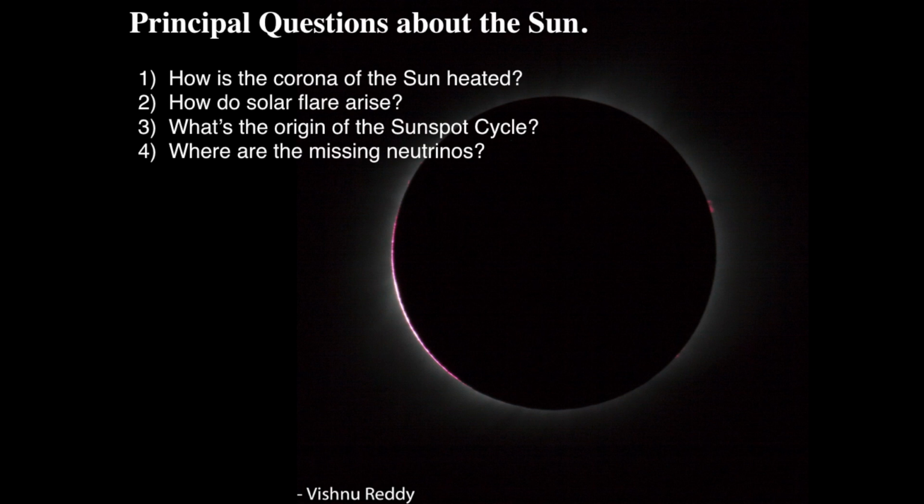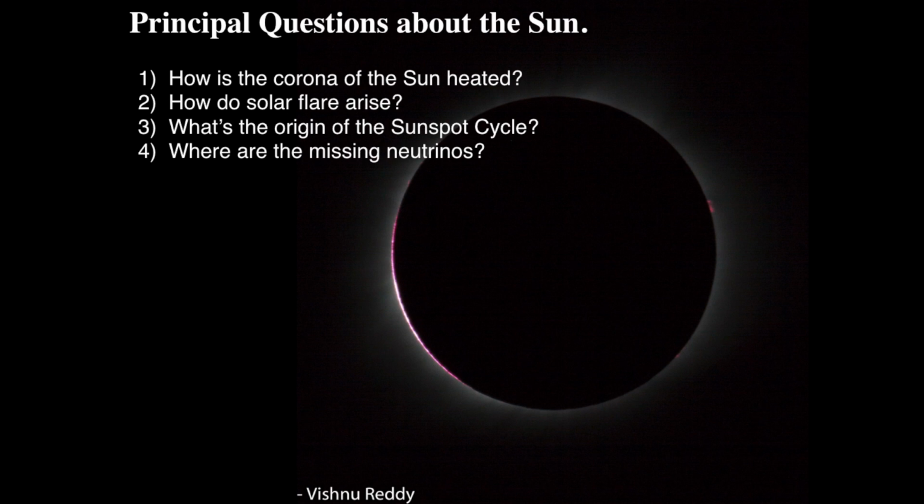Some other outstanding questions about the sun in terms of the future, which we might not actually get to, but we might in future times, is how does the corona of the sun get heated? Nobody really knows. The complexity of how a solar flare arises is still an open question. It's mostly open, but the basics are understood. But how difficult it is to actually understand where a solar flare comes from, and we'll see what those are shortly.